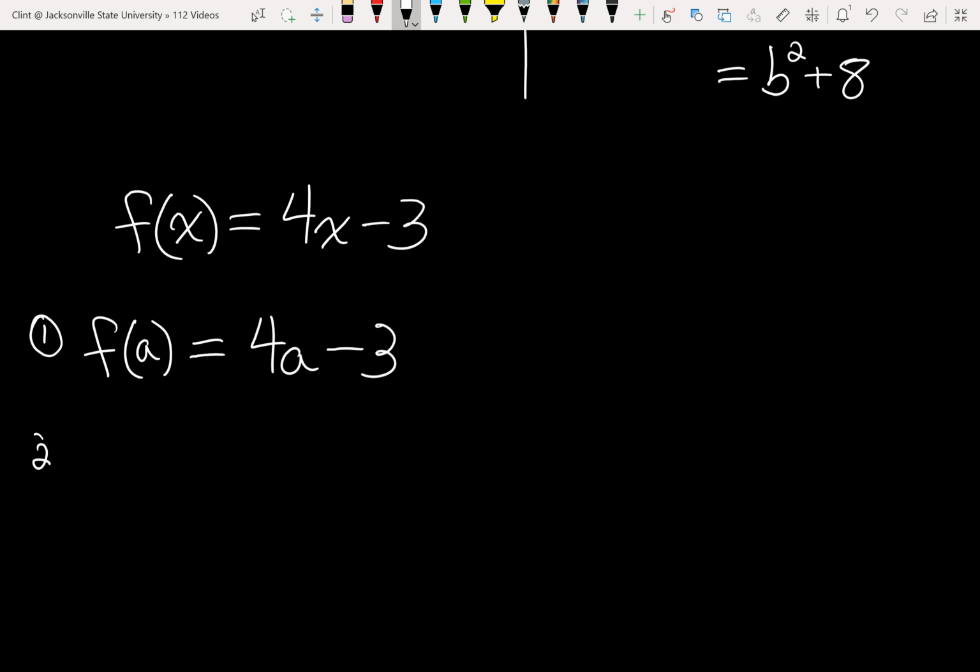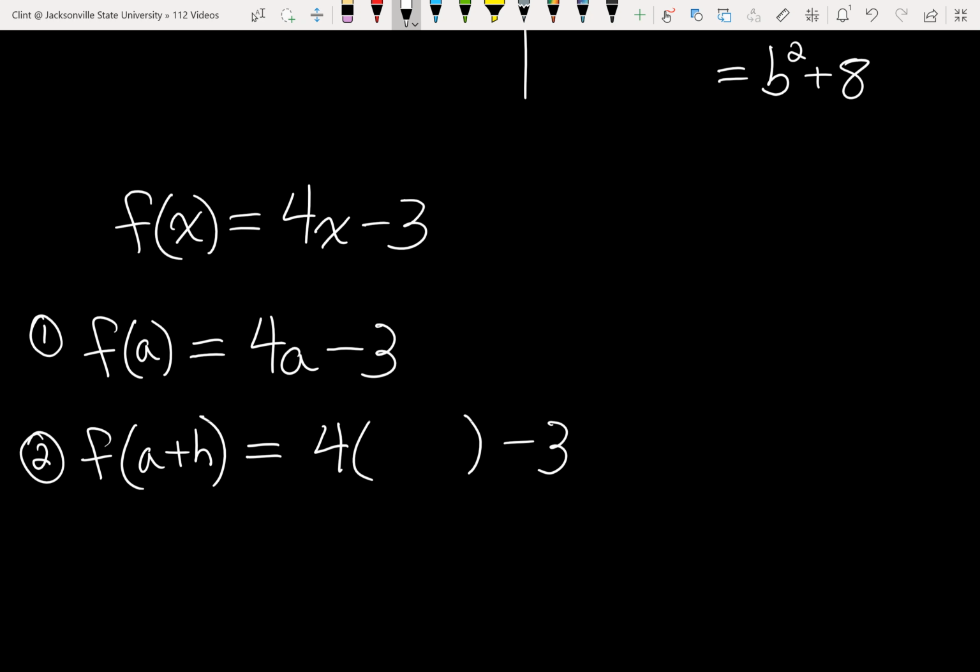On the second step, it'll say find f of a plus h. Okay, well, no problem. So our function starts with a 4, and then we have x, so I'm going to put some empty parentheses there. Then we had minus 3, so my parentheses are where the x was. And instead of x, I'm going to put a plus h. Okay.